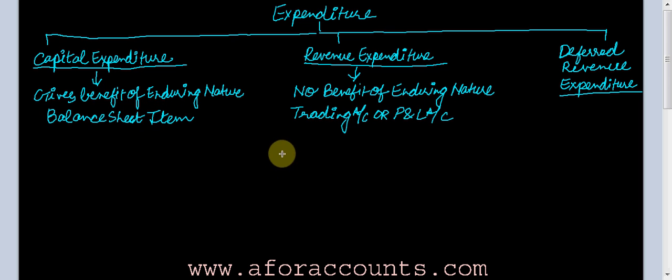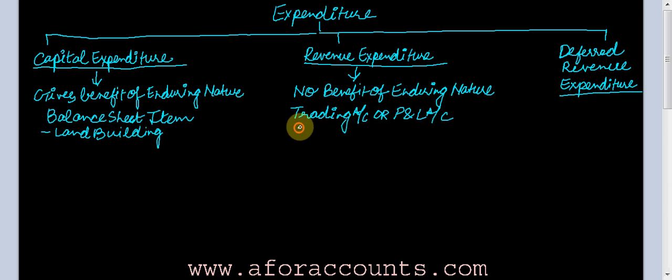I will give you an example. See, if you have spent some money to acquire a fixed asset, say land or building, you will place it in the assets column of your balance sheet. It is a capital expenditure.